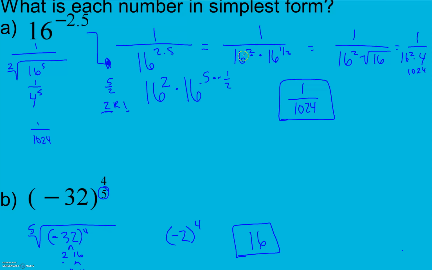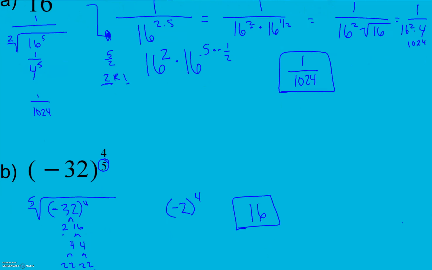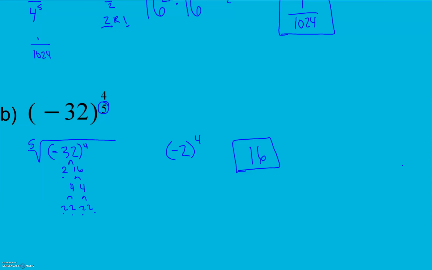Or here we could have broken it down into pieces, but at no point did I take 16 to the 5th power, which we could have done. It's just going to be harder to break it down that way. So my recommendation is to break them down into smaller pieces before we take them to the power, if we can. If it's something that doesn't break down into things that are going to be good to work with, then use that exponent if needed.